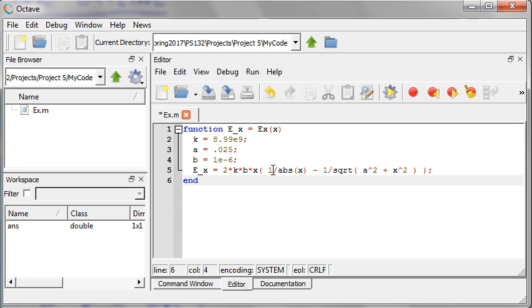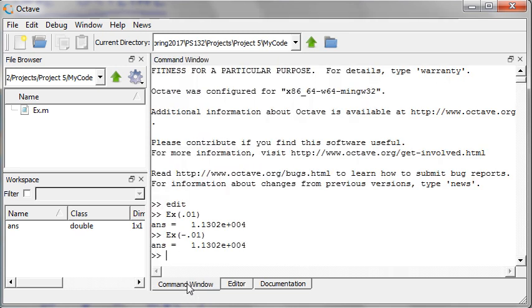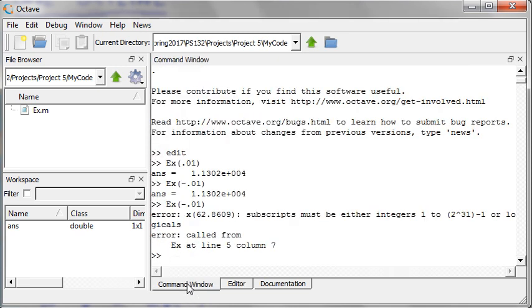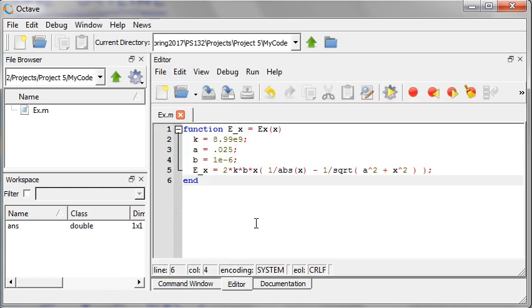Let's try that. Control S, command window. Try running it again. And then something wrong in there, big time. Line 5.